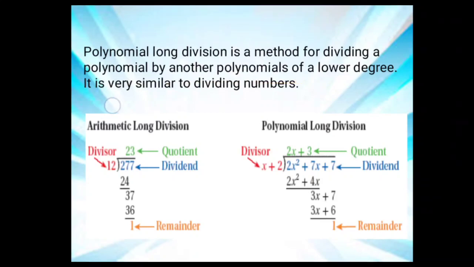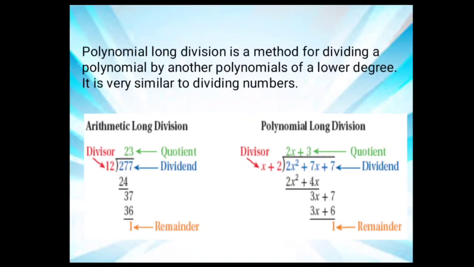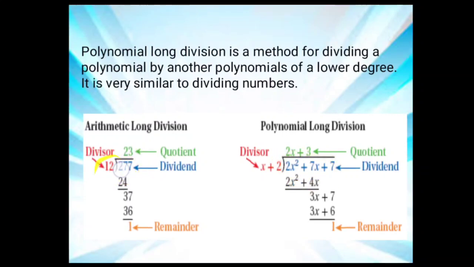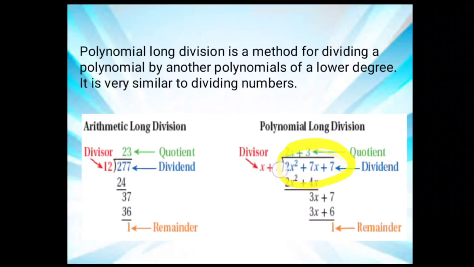It says that dividing polynomials using long division is very similar to dividing numbers. So take a look at this. We have here the dividend, then the divisor. Therefore, here we are dividing 2x squared plus 7x plus 7 by x plus 2.